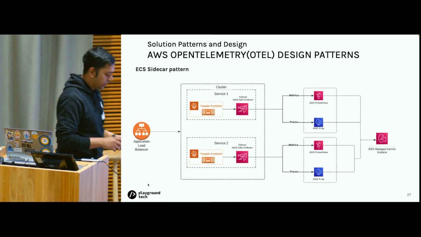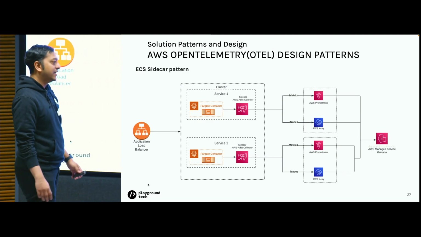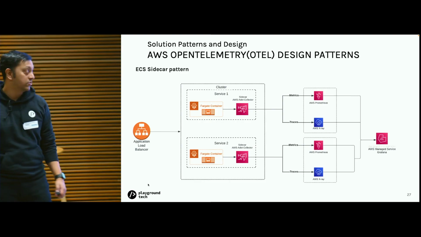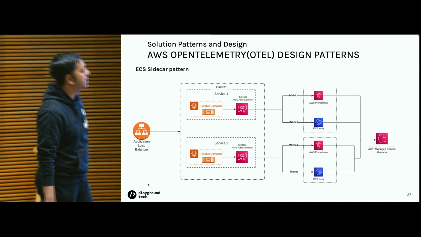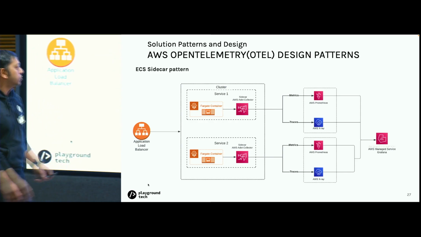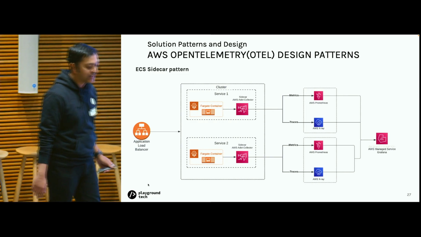So now, what I showed was for a single Docker container hosted in a cluster in one account. But what happens when we have multiple accounts, multiple clusters, and umpteen number of services? One of the ways is adding collectors.